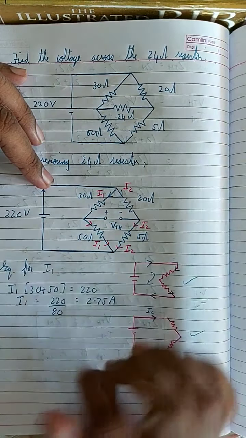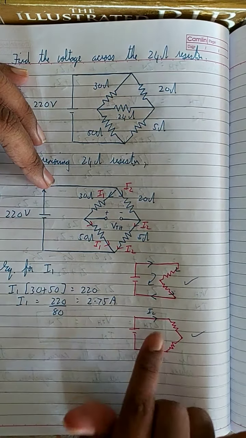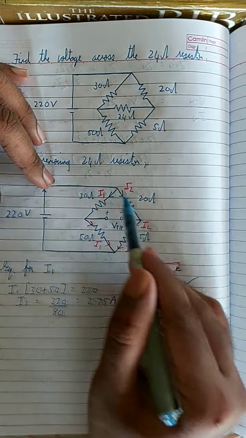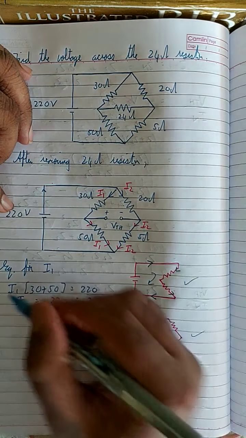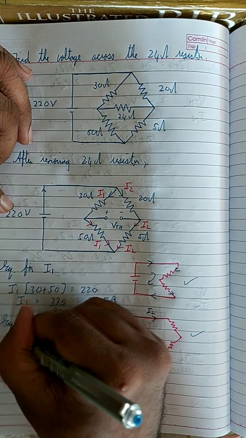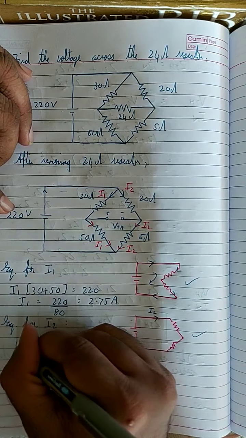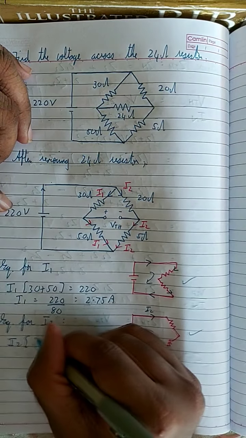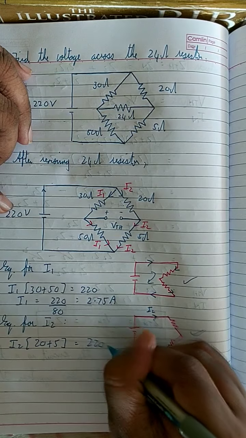See, in a straightforward way, I have already found the value of one of the currents. What about I2? I2 is flowing in this branch, in this direction, and it is also coming out from the positive terminal of 220 volts. So therefore, the equation for I2 is I2 into 20 plus 5, right? 20 plus 5 is equal to 220 volt.